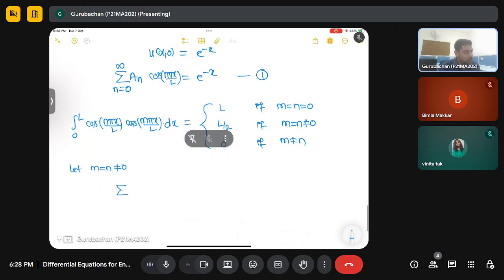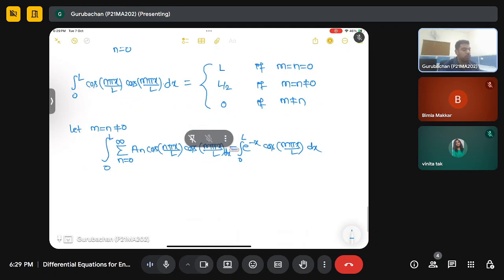So in this scenario, you first multiply by cos m pi x by l, so the sum of a_n cos n pi x by l times cos m pi x by l equals e to the power minus x times cos m pi x by l, and we want to integrate this from 0 to l.